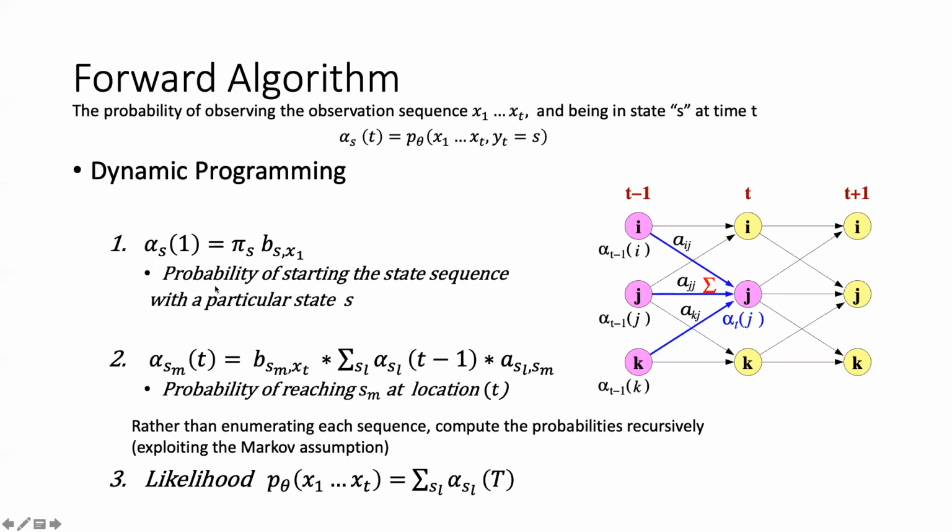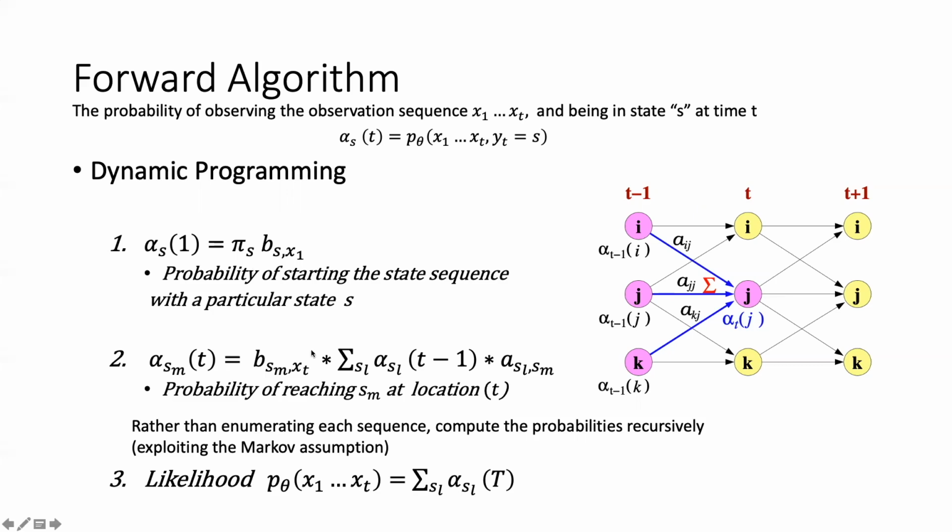Let's initialize the alphas in the first state: the probability of starting the state sequence with a particular state s is computed as the initial probability of being in that state s and emitting the symbol x1, that is, the probability of emitting the symbol x1 in the state s. This is similar to what we have observed in computing the inference problem using deltas.